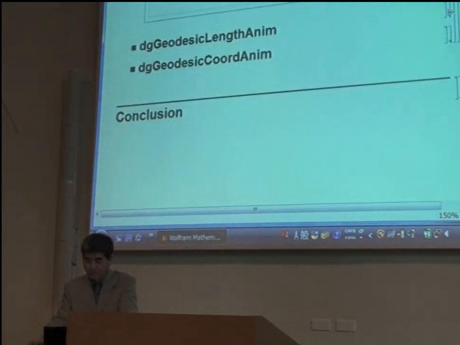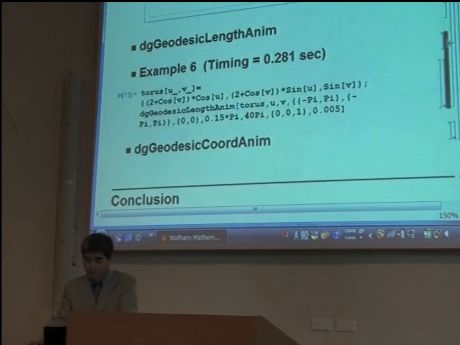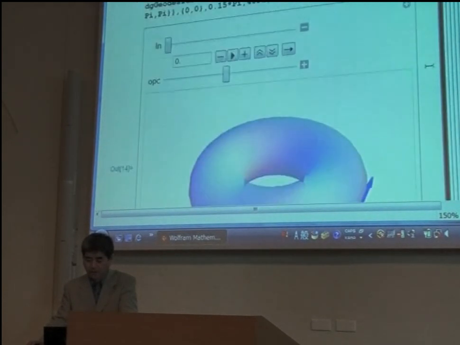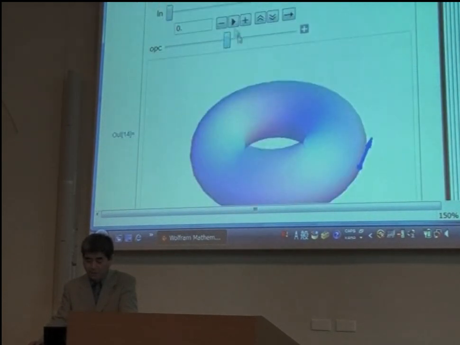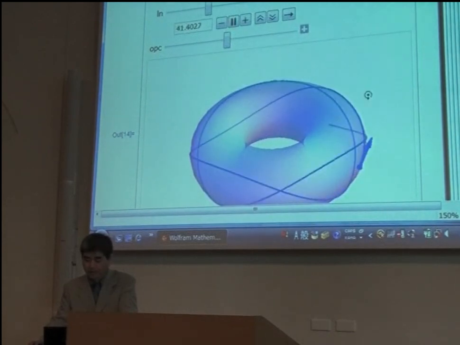The next example is also about geodesics on a torus, by fixing the initial point and initial direction and changing the length of the geodesic.